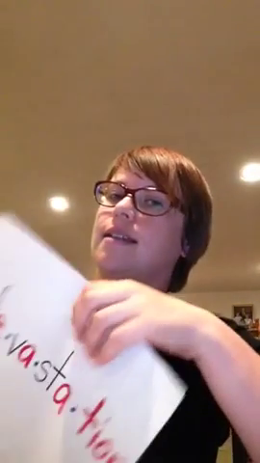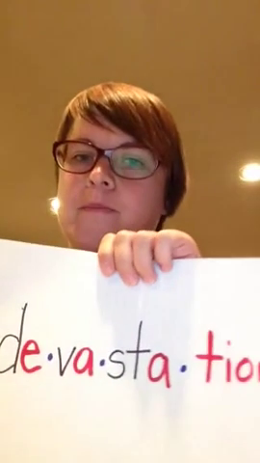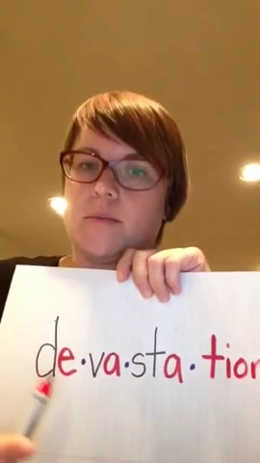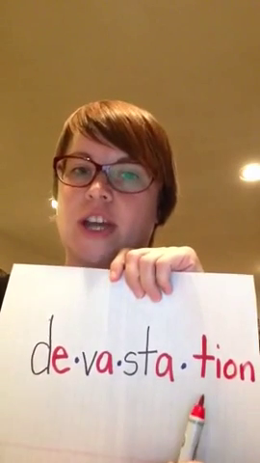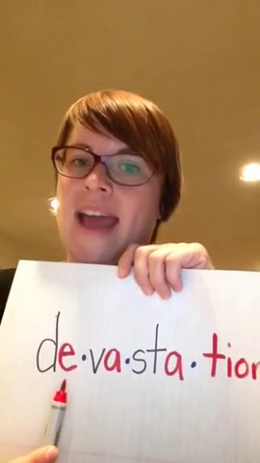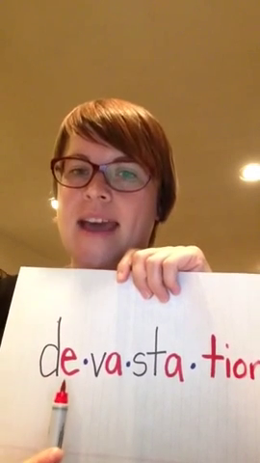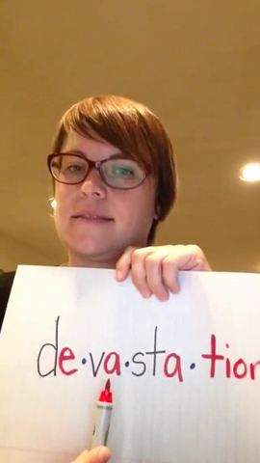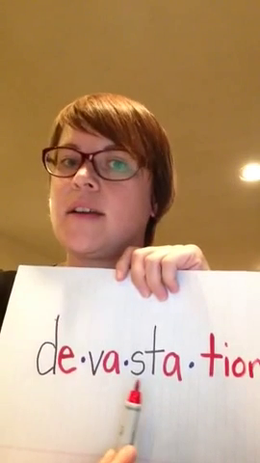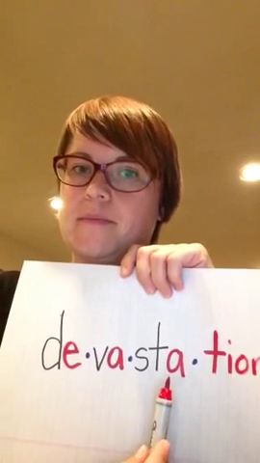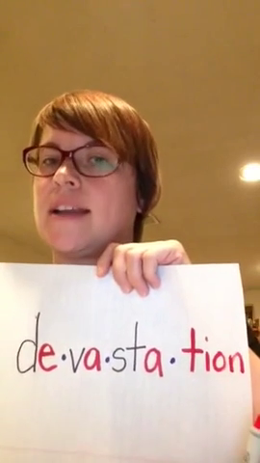Now I didn't pick this one because it was easy. Now let's really talk about it. So here we are. 4 syllables. 1, 2, 3, 4. Devastation. Here is the first one. De. Va. There's that second syllable and the second vowel sound. Sta. There's the third sound. And then this is shun, a suffix.